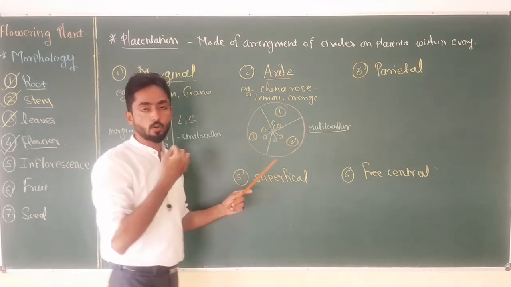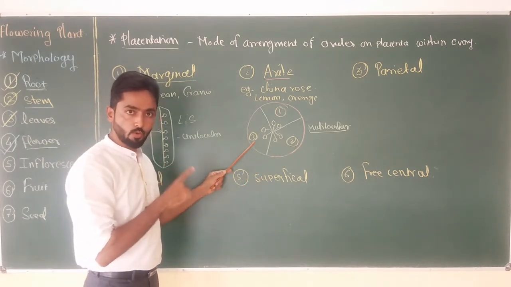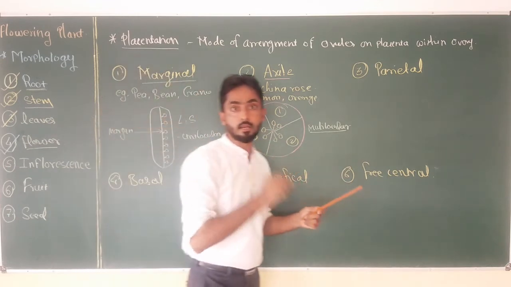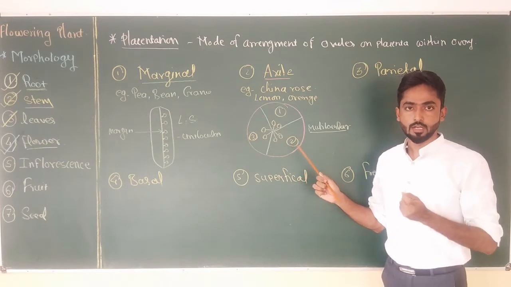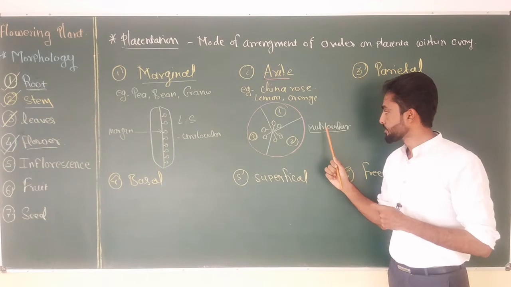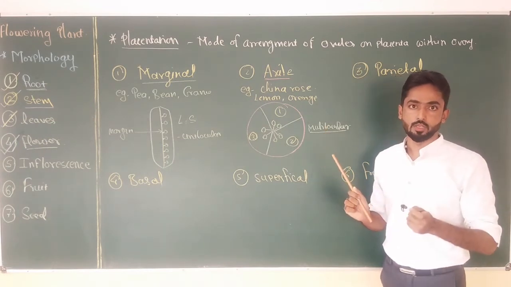That means this is a trilocular ovary. Many times when the ovary has a number of different compartments, it also contains different carpels, so it is a multicarpellary ovary. So if we want to describe an axial placentation ovary, we can call it a multilocular multicarpellary syncarpous ovary.